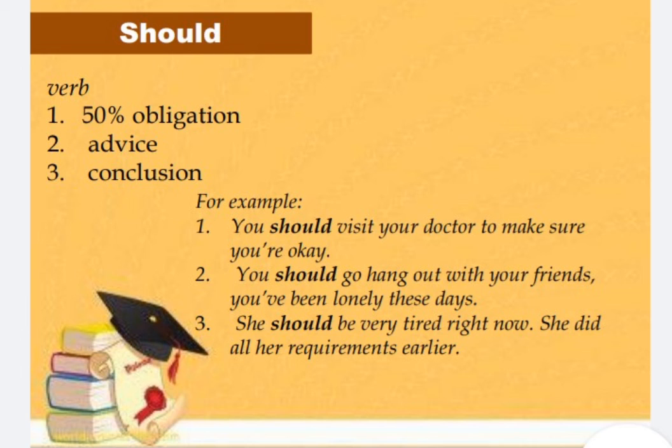Number two, you should go hang out with your friends because you've been lonely these days. It is an advice to make sure that she has someone to talk to, or it is an obligation that the subject might or might not go hang out with his or her friends.